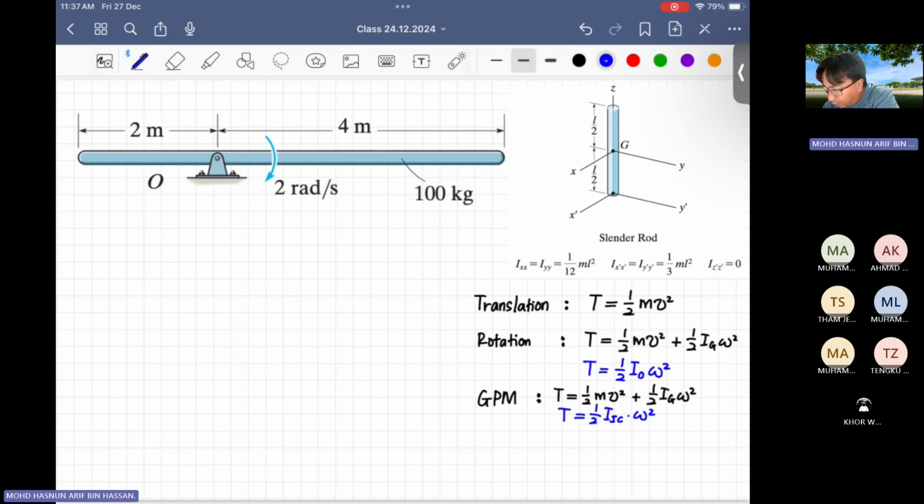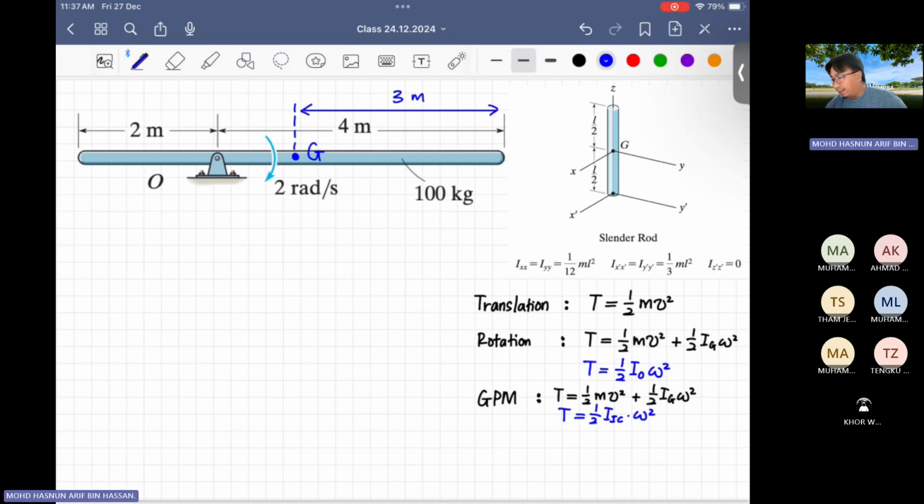The center of gravity will be somewhere here. This is your point G, which has a distance of 3 meters, because the total length of the rod is 6 meter.